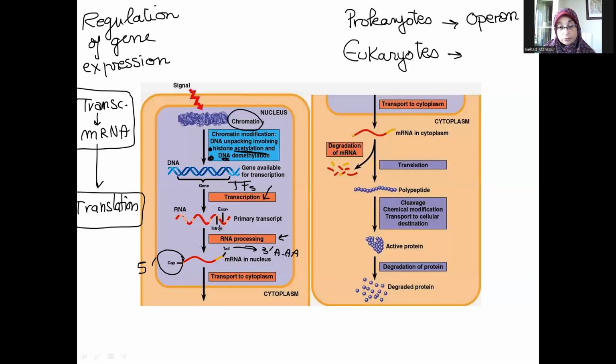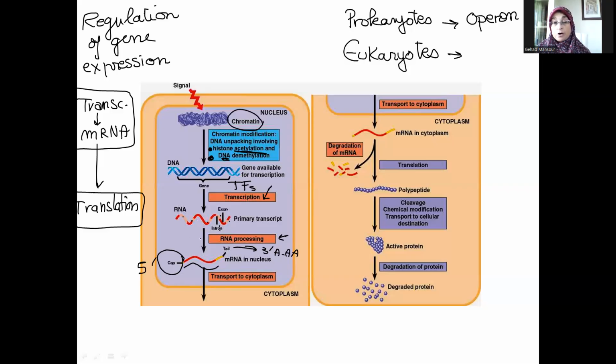You can see here that we removed all the pink sequences, which are the introns, and now we have a shorter messenger RNA, which consists only of the exons that will be translated into amino acids.